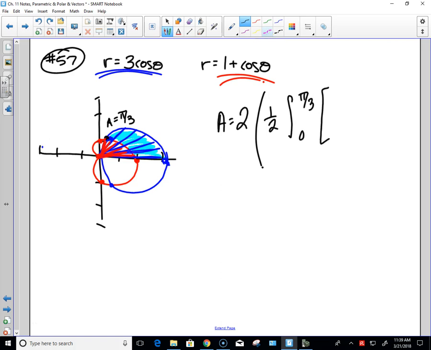Since they are working on the exact same intervals, I can just take my outer function, which would be my 3 cosine theta, my outer radius, and then you have to square, minus, because it'd be that minus the hollow, kind of like a washer. Outer radius, then you have the inner radius of 1 plus cosine theta squared, and then d theta.